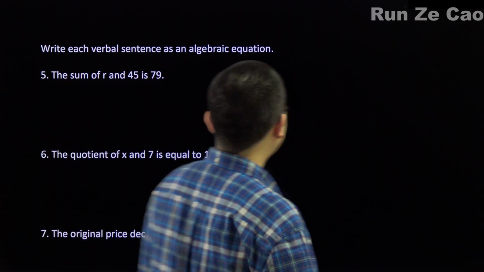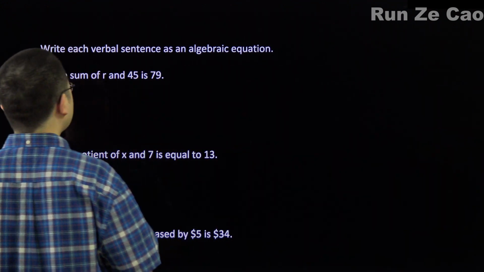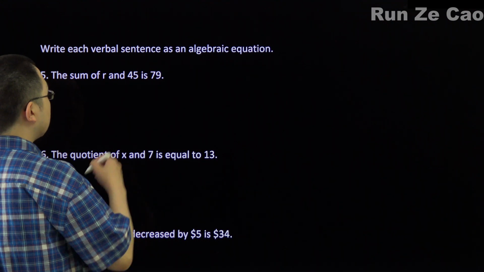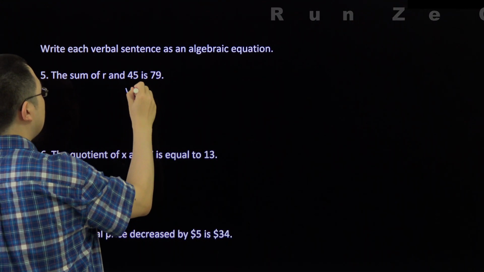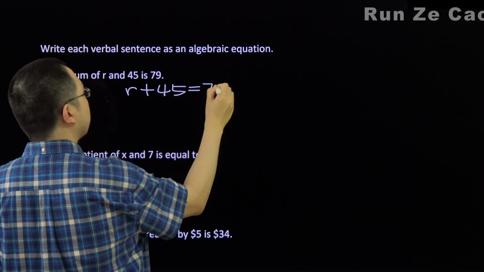Okay, write each verbal sentence as an algebraic equation. The sum of R and 45 is 79. So R plus 45 equals 79.